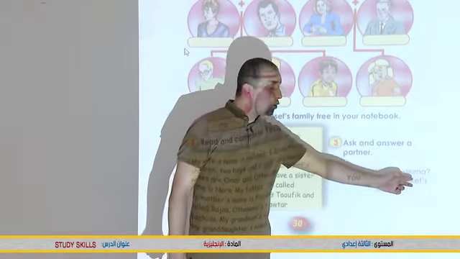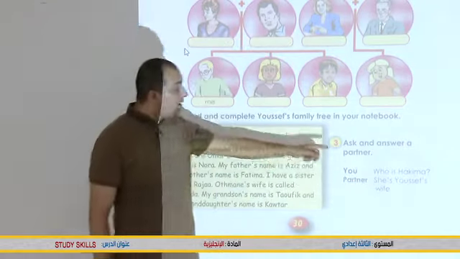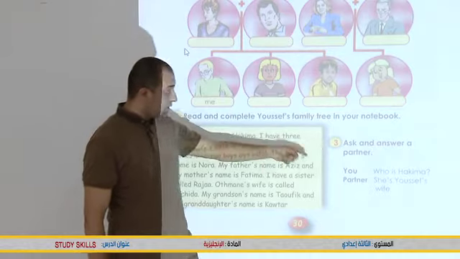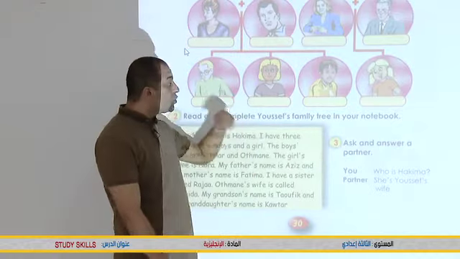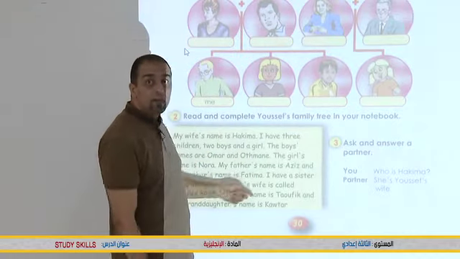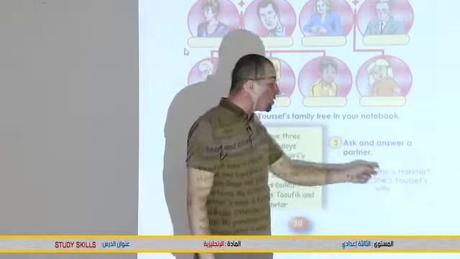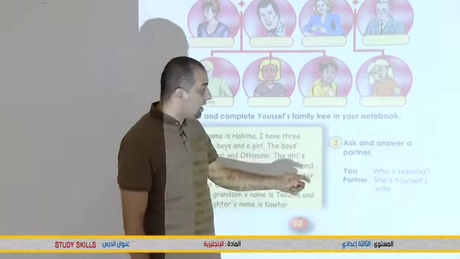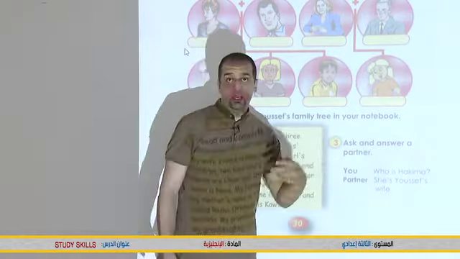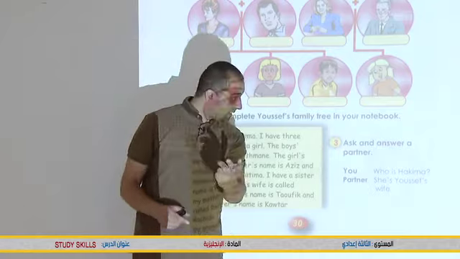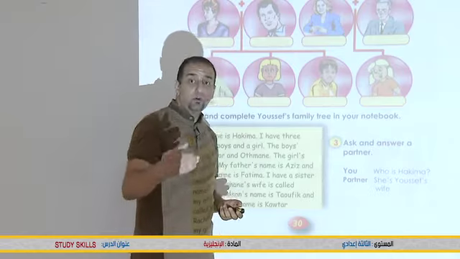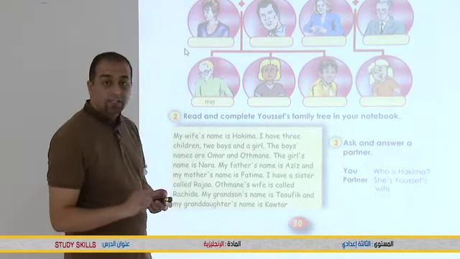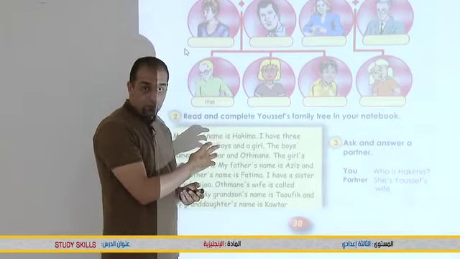We can repeat the same question of who is Hakima, but in relation to another person in the family tree, not just Yusuf. We can say that Hakima is Omar's mother. Now we are going to see some examples, then I'll give you time to write your own examples according to the family tree of Yusuf.